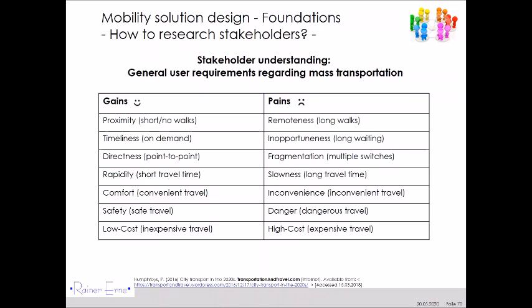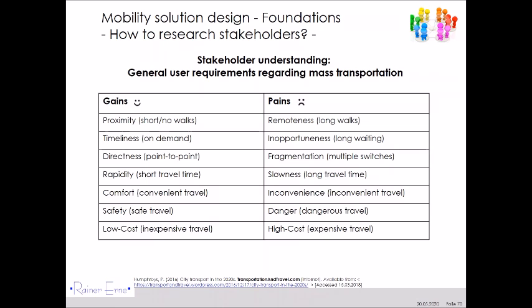They need travel services point to point directly, not with multiple switches where you miss one vehicle and then you have to wait for a long time. Then another typical need is short travel time, convenience or comfort, safety, especially in lower developed countries, and also the price is an issue.